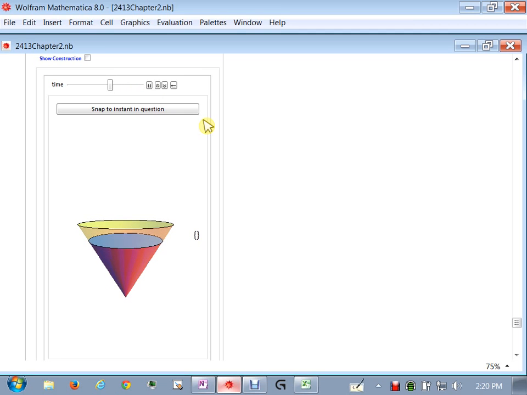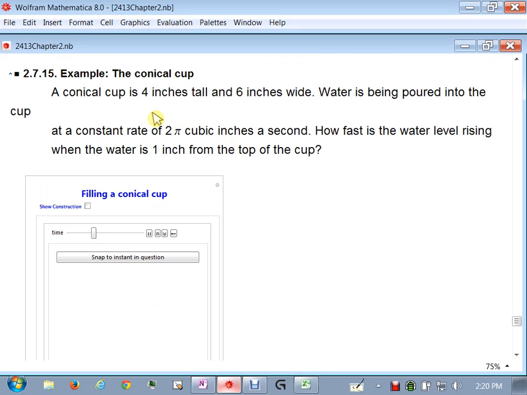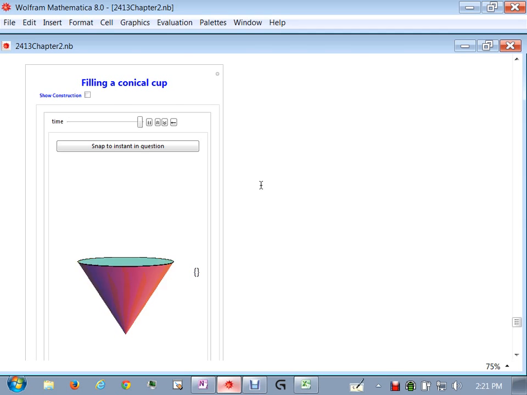Okay? So we're going to change the problem slightly. We're going to say a conical cup is 4 inches tall and 6 inches wide. Whatever fluid you want is not being poured in, it is being removed.